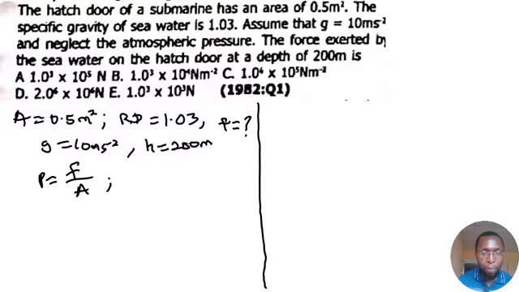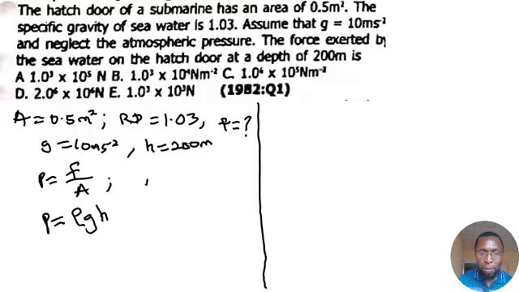Once we have our pressure, how do we get it? The formula for pressure in a liquid is pressure equals density times acceleration due to gravity times height. We have g, we have h, but we are not given the density of the seawater. How do we get it? Remember that we are given relative density.